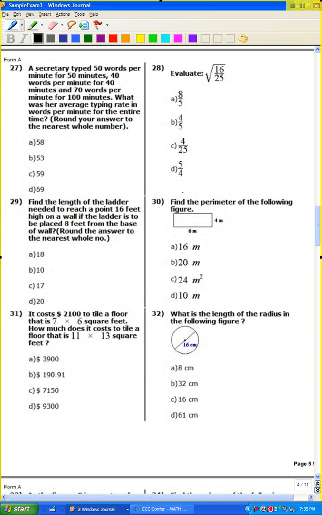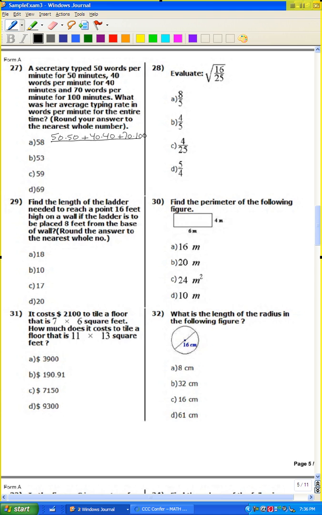27. Secretary typed 50 words per minute for 50 minutes, 40 words per minute for 40 minutes, 70 words per minute for 100 minutes. So that's the total number of words. What was their average typing rate of words per minute? So this is the total number of words.